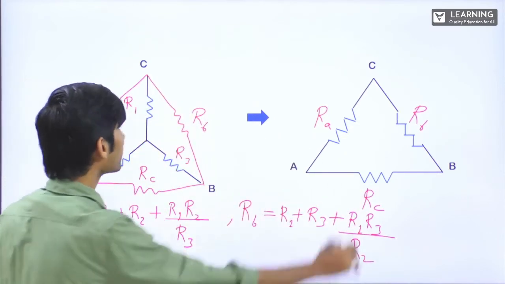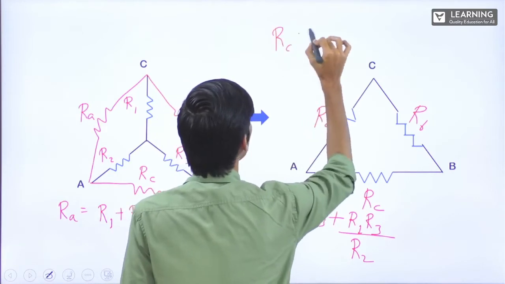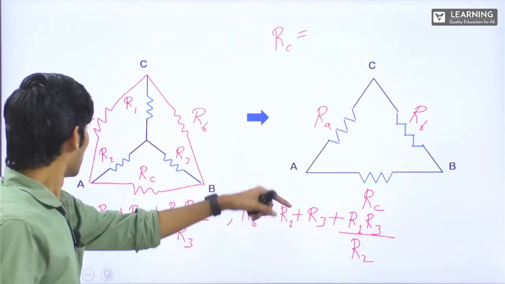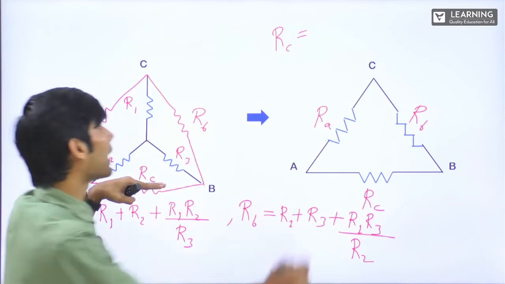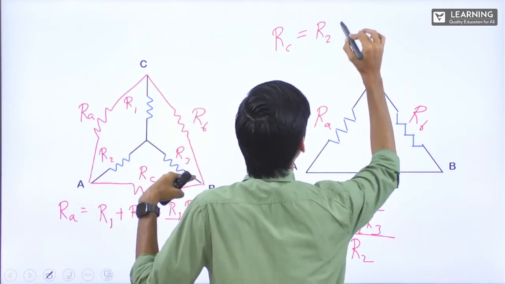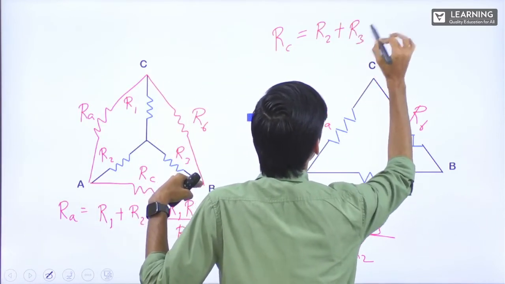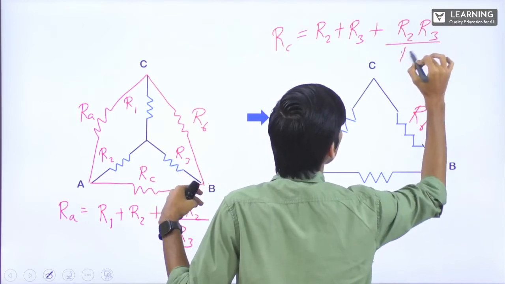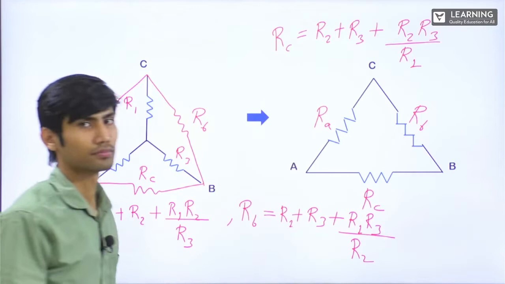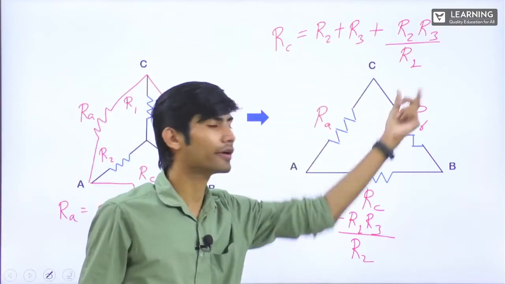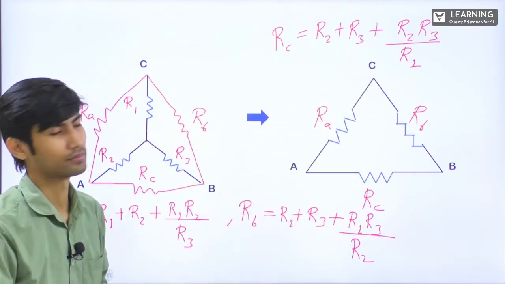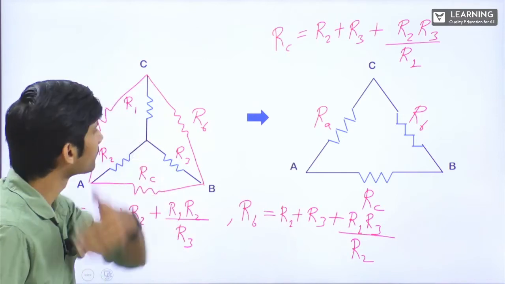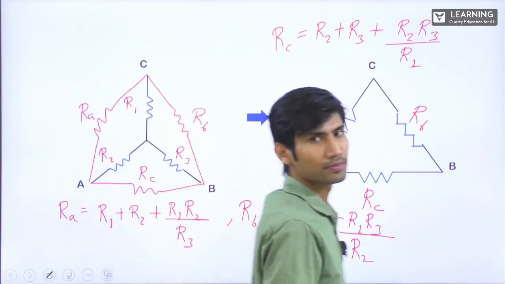Now RC, can you write? I'll write here. RC is equal to sum of the cap, R2 plus R3, plus the product of R2, R3 divided by the one which is at the front, R1. First the sum, then the product divided by the other one, the third one. Okay? Note these formulas.